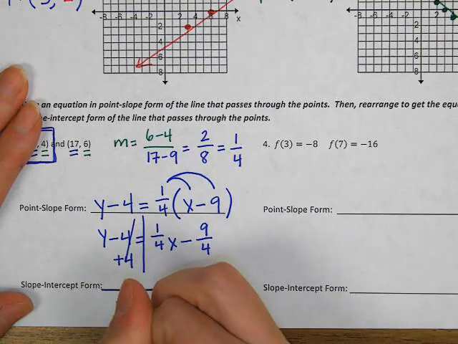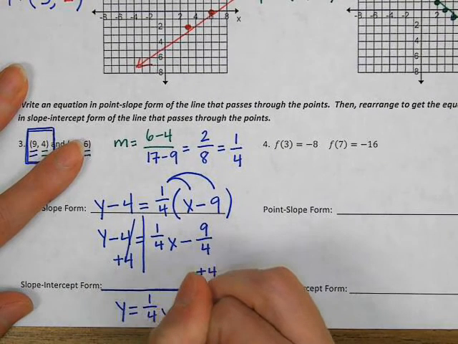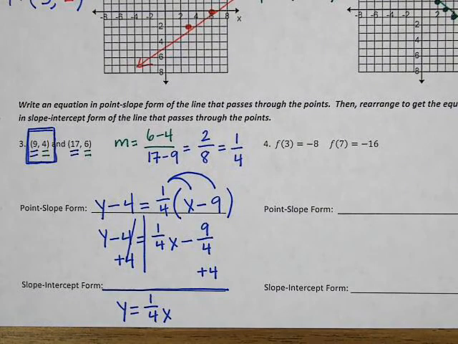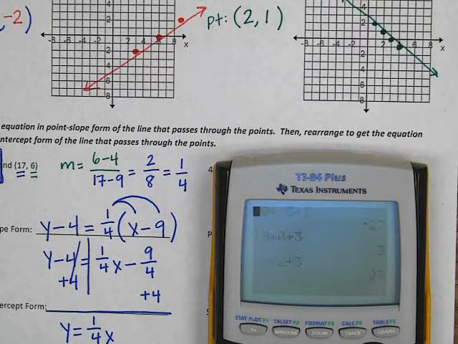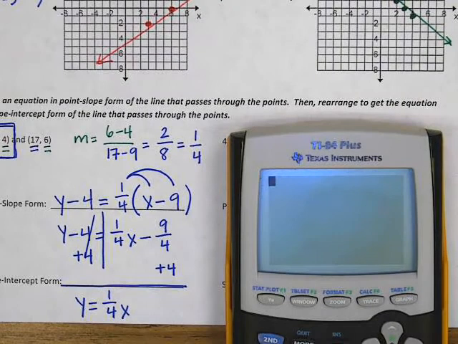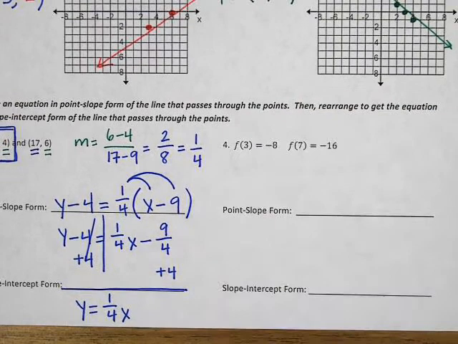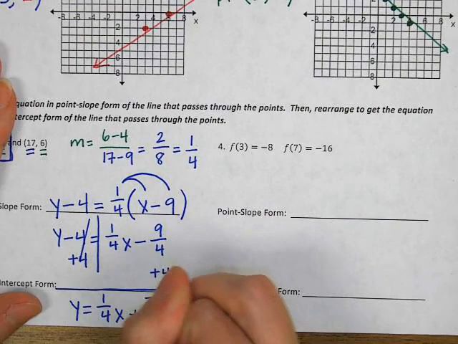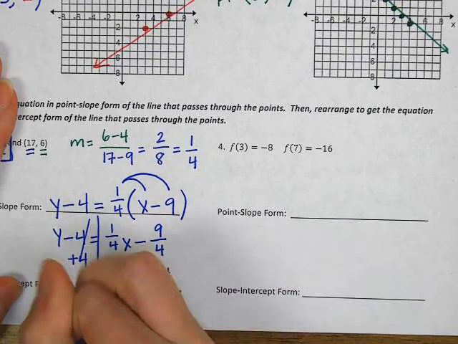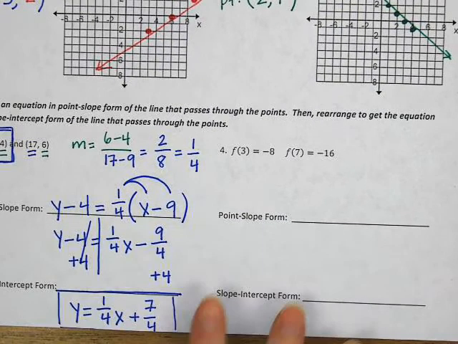We're left with y equals 1/4 x, and I'm going to bust out a calculator here. And let's see what negative 9/4 plus 4 is. So negative 9/4 plus 4 is 7/4. So plus 7/4. And we just converted point slope into slope-intercept form. So that's the answer.